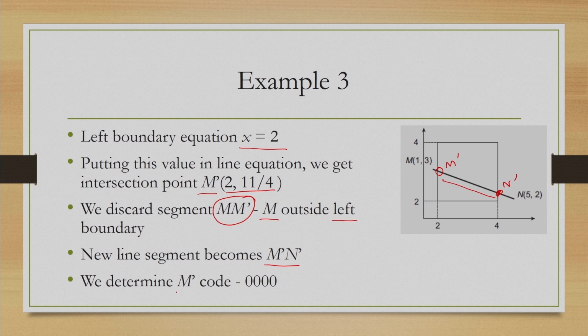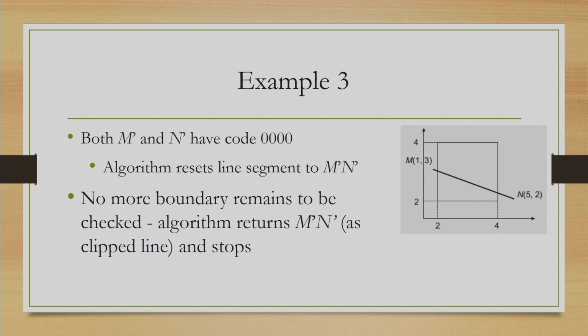So, we now determine the region code of this new endpoint m dash, which is 0 0 0 0. Then we go for checking the endpoint region codes again, step 2 of the algorithm, and we find that m dash and n dash have same region code 0 0 0 0.